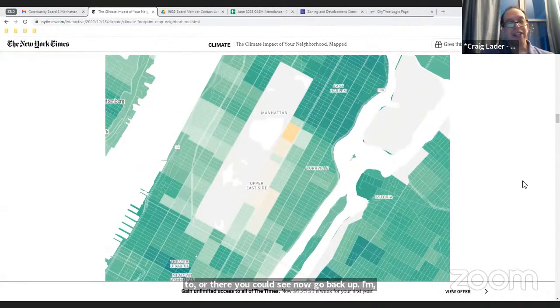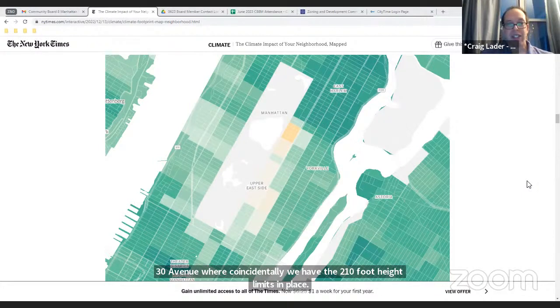You can see that everything is a sea of green, essentially, except for our community district west of 3rd Avenue, where coincidentally, we have the 210-foot height limits in place. So I just want to call that to everyone's attention.